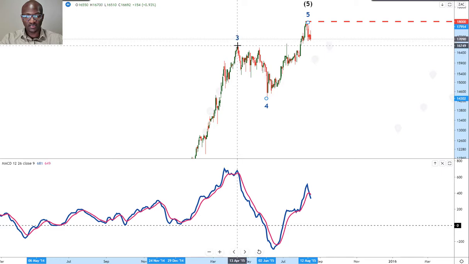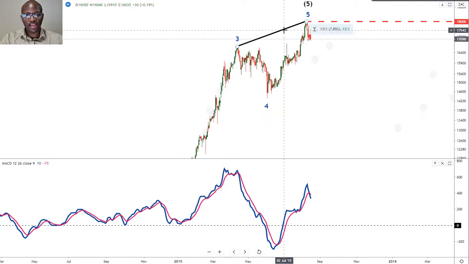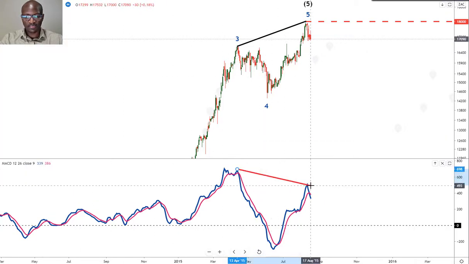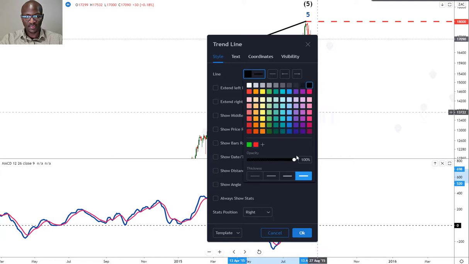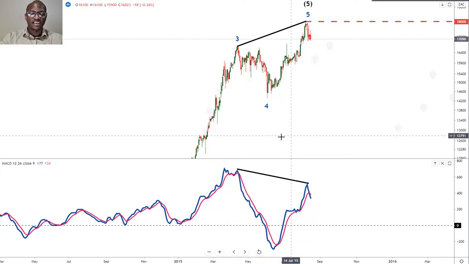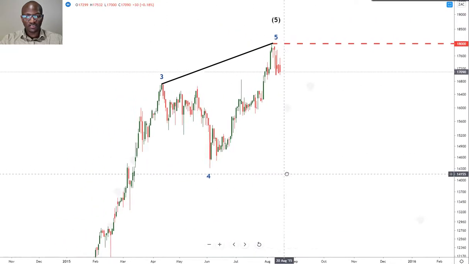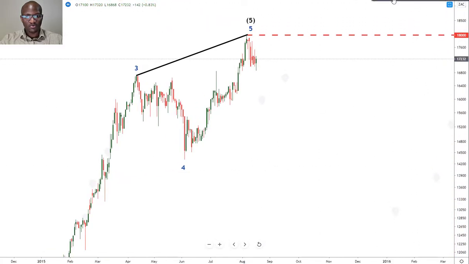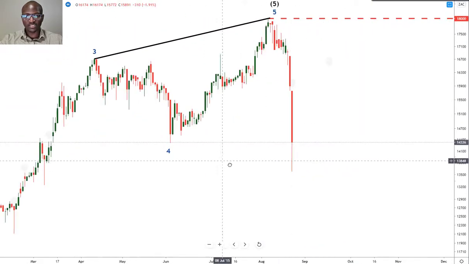We can see price made a new high here, but this new high was not confirmed by the momentum indicator. And that is what we mean by divergence. And then from here on, price starts to trend lower and we start seeing some aggressive moves to the downside.